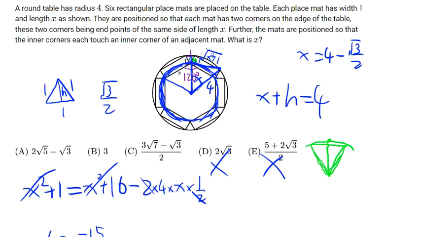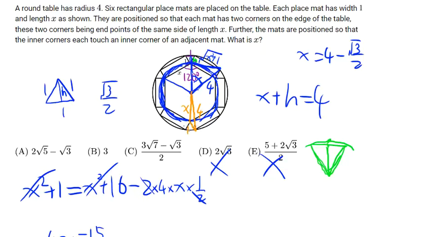Okay, see here, what if we use this triangle instead? Yeah, this is still 4x, and this is 1.